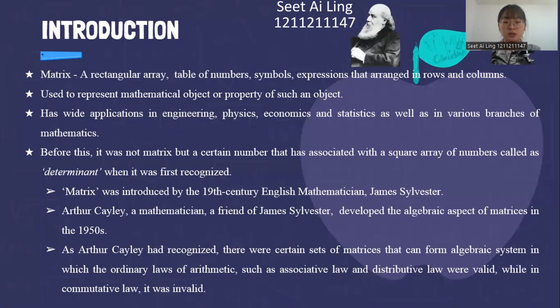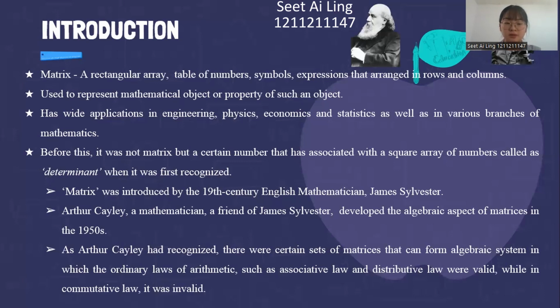Before this, it was not called matrix, but a certain number associated with a square array of numbers, called the determinant, when it was first recognized. The term matrix was introduced by the 19th century English mathematician James Sylvester, and Arthur Cayley, a mathematician and friend of James Sylvester, developed the algebra aspect of matrix in the 1850s.